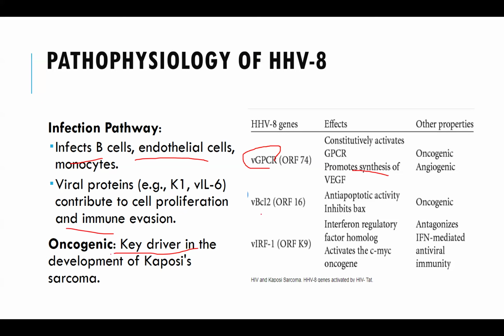And then we have this viral protein, vBCL-2, and this one usually prevents apoptosis. Since it prevents apoptosis, it gives the cell immortality. The cell does not die. Then we have this other protein, the viral IRF protein, and this one activates the c-MYC oncogene, and it is against antiviral immunity, so it prevents the production of things like the interferons, and interferons are very good when you are fighting viral infections.